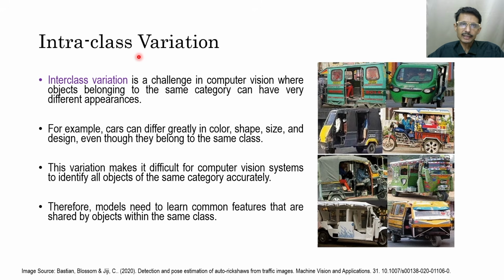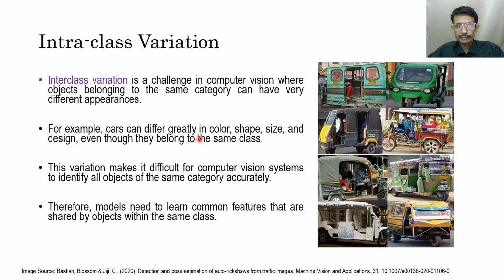And then intra-class variation. Intra-class variation is another very important challenge, and it is very important in our AI models. It means the same class, but the objects look very much different. In computer vision, objects belonging to the same category can have very different appearances.